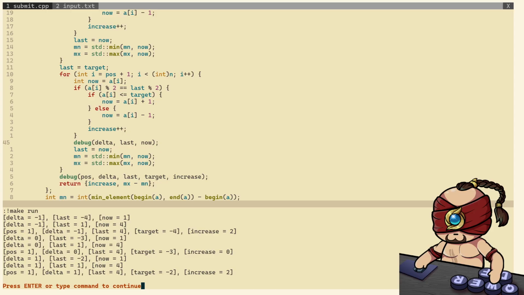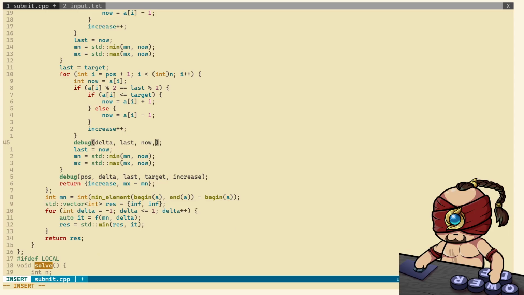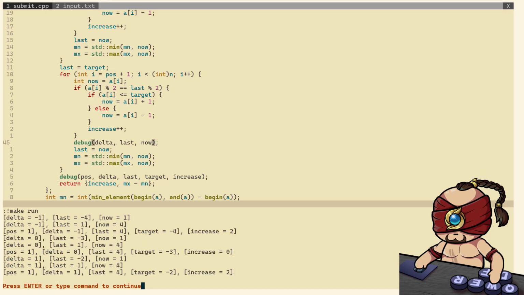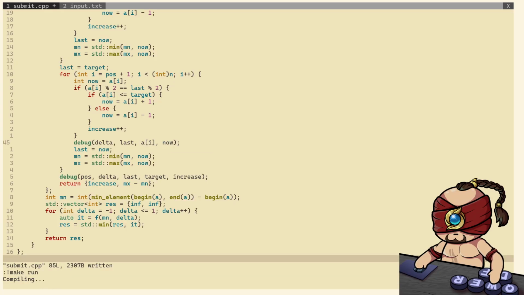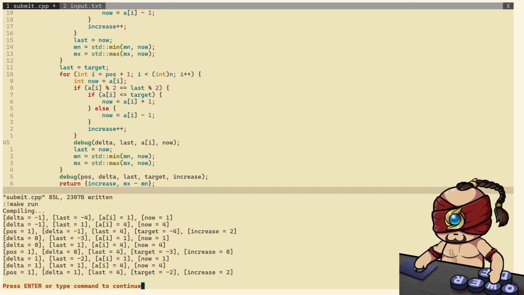Delta 0 does not make sense. Last is -3, AI is 1, now is... What?